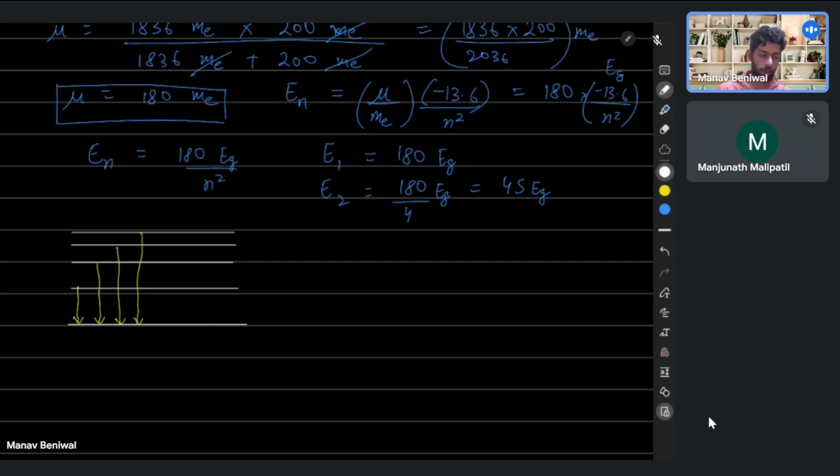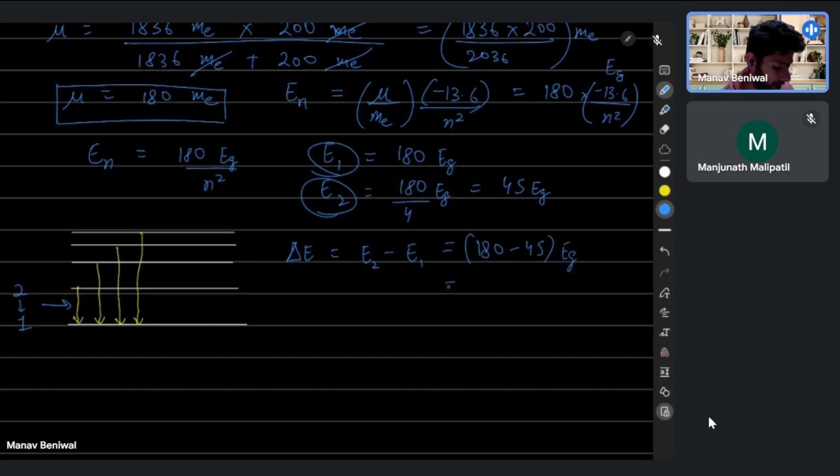The wavelength will be longest when the energy is minimum, so this one corresponds to our longest wavelength, the transition from 2 to 1. We already have the energies of 2 and 1, so delta E, which is E2 minus E1, will be 180 minus 45 times Eg, or 135 Eg in magnitude.